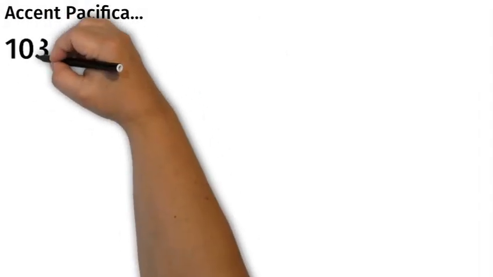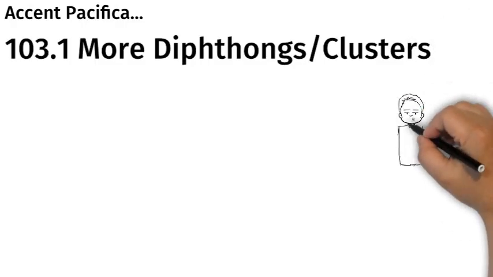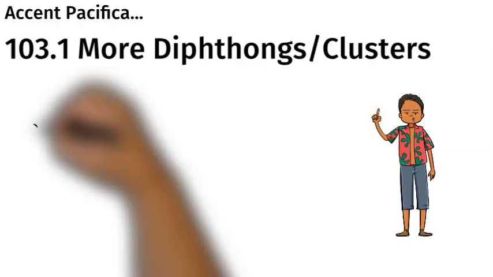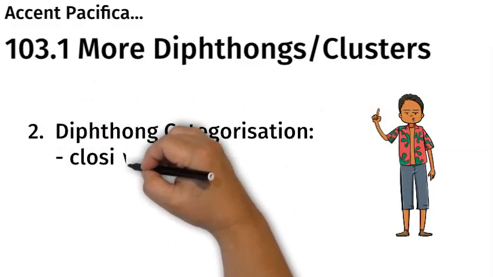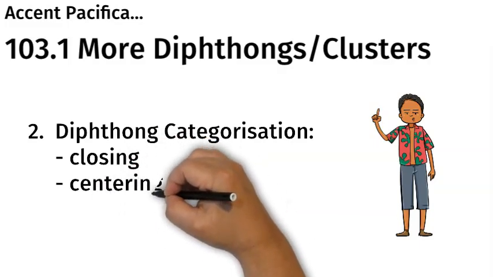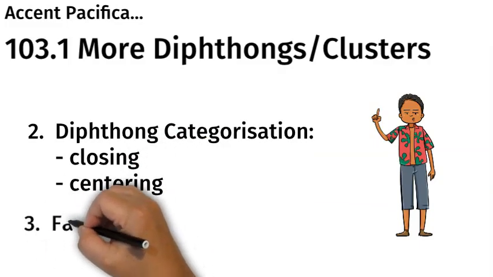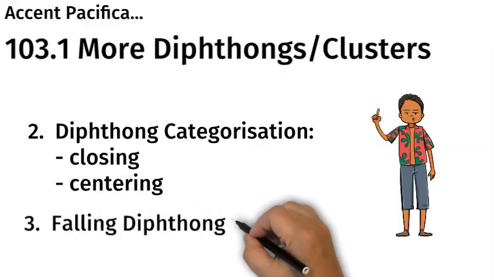This presentation expands on previous discussions about diphthongs and vowel clusters. It introduces the categorization of diphthongs in RP English, focusing on closing and centering types, an exploration of falling diphthongs and their role in vowel prominence.